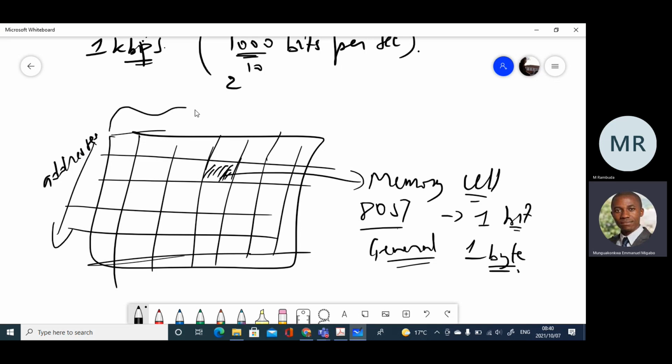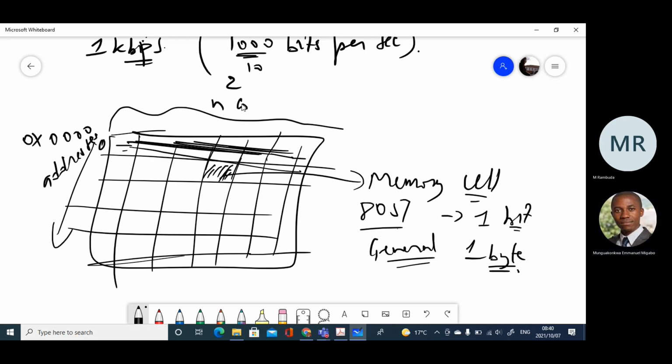The size of data contained in one specific address, let's say address 0, which in hexadecimal is 0000, for example. The size of one full address, meaning all of that, is actually equal to the number of columns times the size of one cell, which could be 1 byte, which is 8 bits.